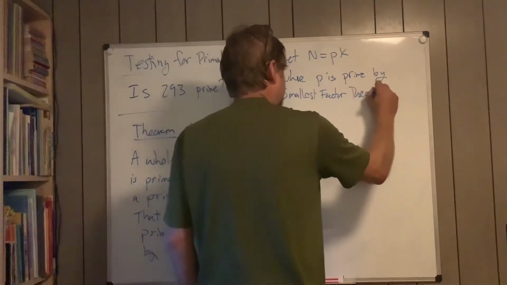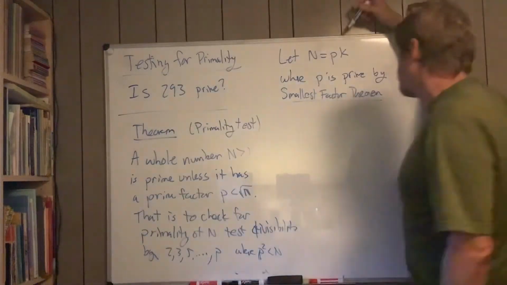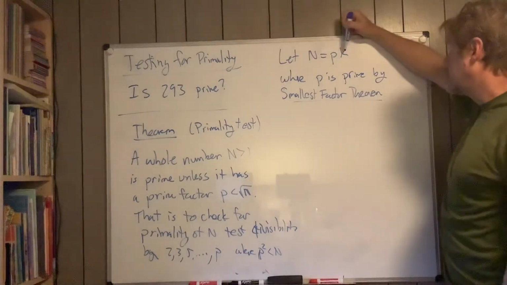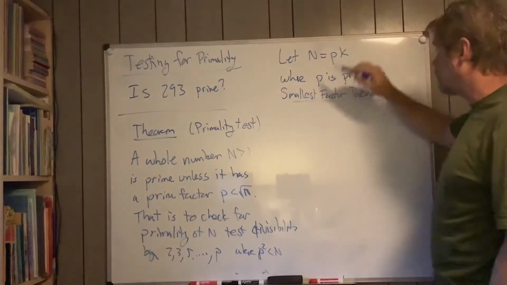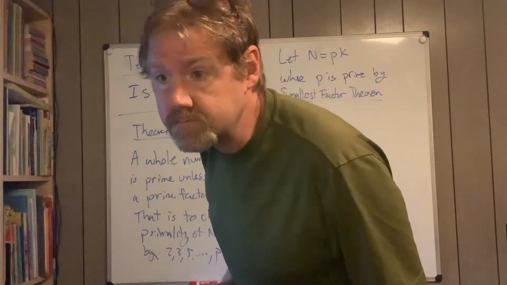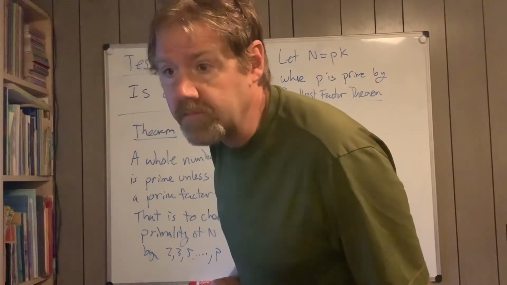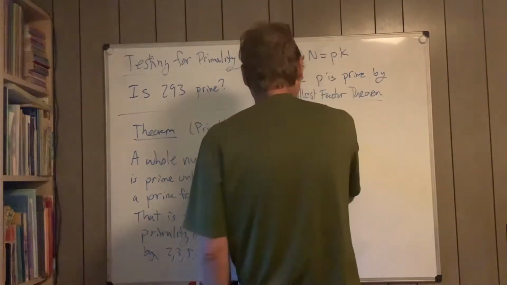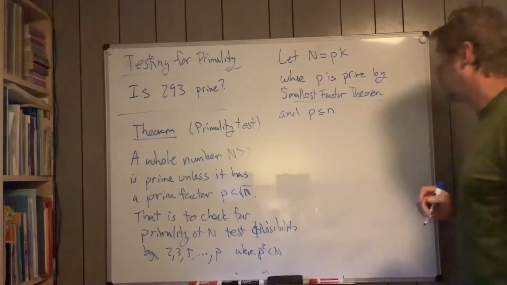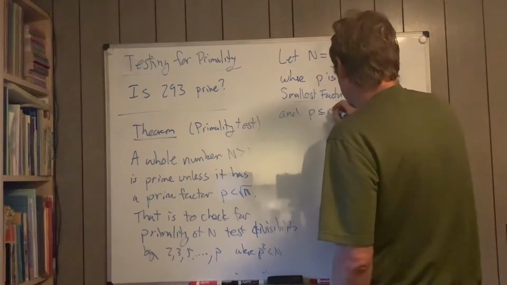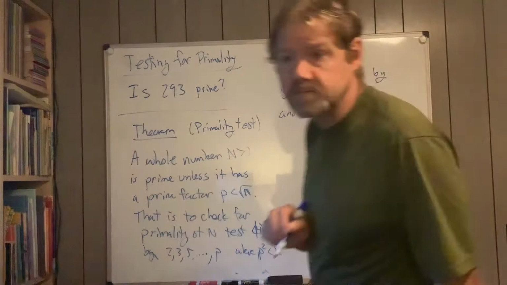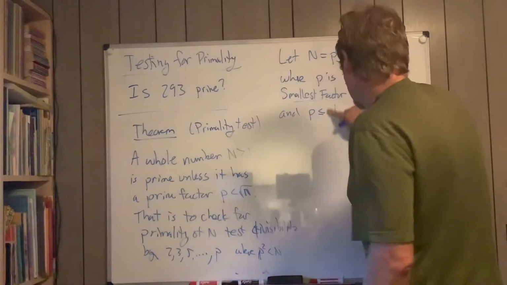This was one we did a few videos ago, where I can always write n as the product of a prime and something else. So the smallest factor is always prime. And P is less than or equal to K. Sorry, my bad.